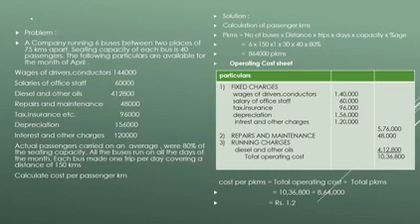So 10,36,800 is to be divided by 8,64,000. The cost per passenger kilometer will be rupees 1.20. In this way the cost per passenger kilometer is to be calculated.